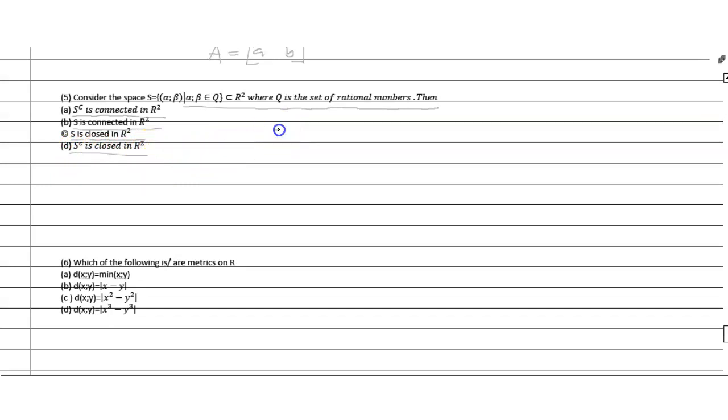So friends, here S equals Q cross Q, a proper subset of R square, and S complement equals R square minus S. Note that S is countable, so it is R square minus a countable set, because S is the set of (alpha, beta) with alpha, beta in Q. This portion is a countable set.